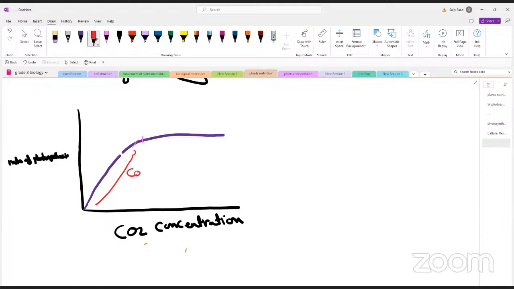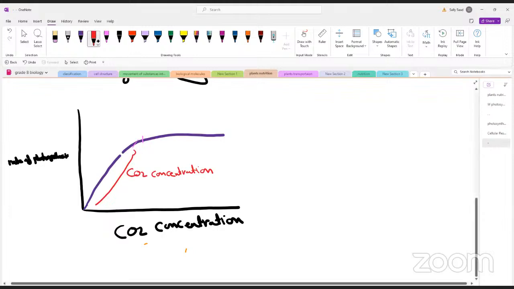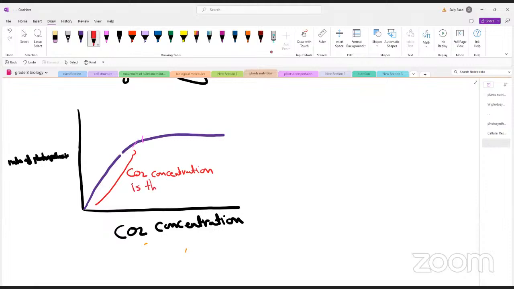Yes, carbon dioxide concentration. And you have to mention the word concentration, don't say carbon dioxide only. And here, it's not carbon dioxide. It could be light intensity or temperature. So here carbon dioxide is the limiting factor.